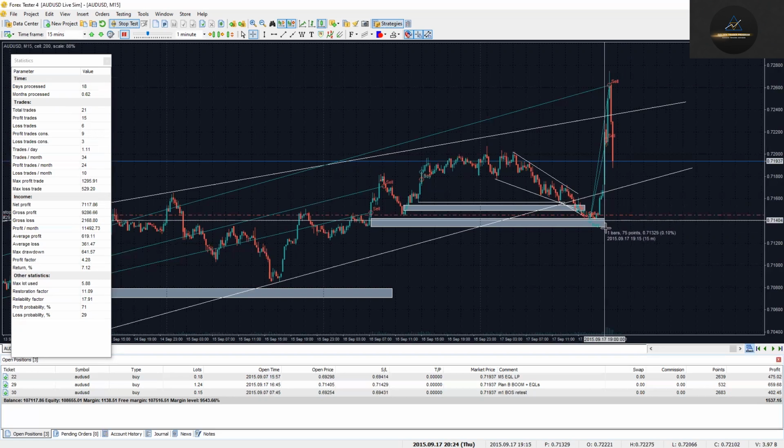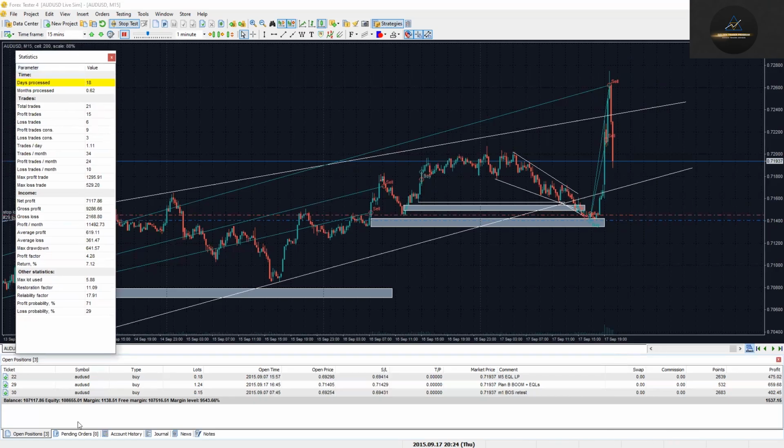We had about 7 pips, 125 pips. How many R's is that? Let's get the 30. Probably 40R. Okay, happy with that. Let's keep going.